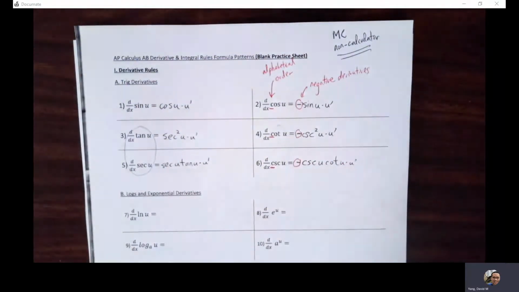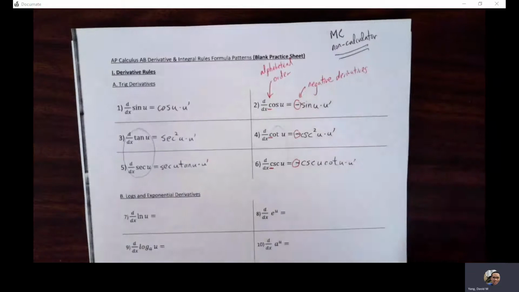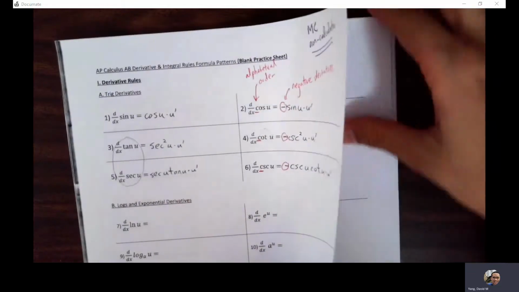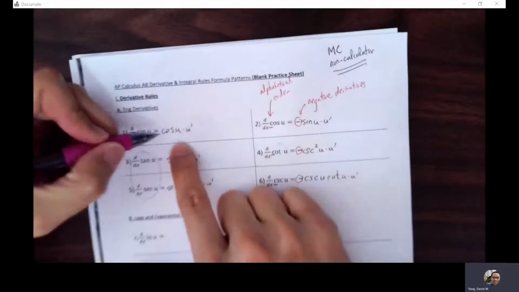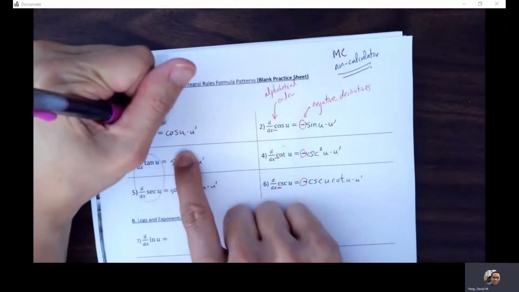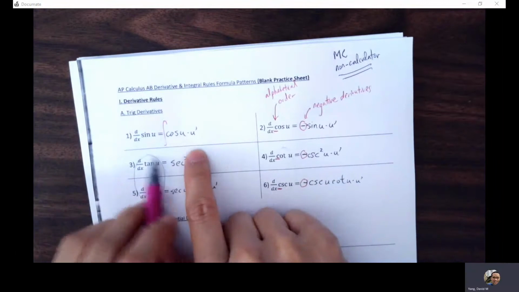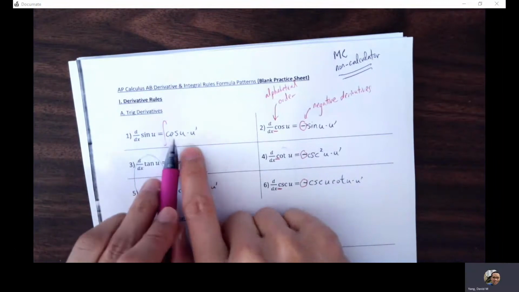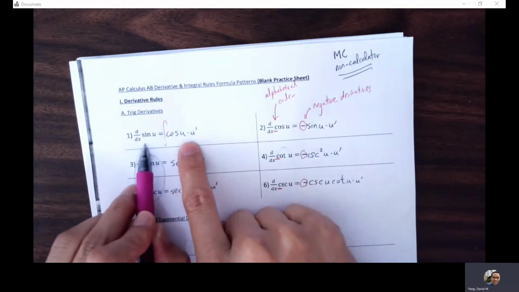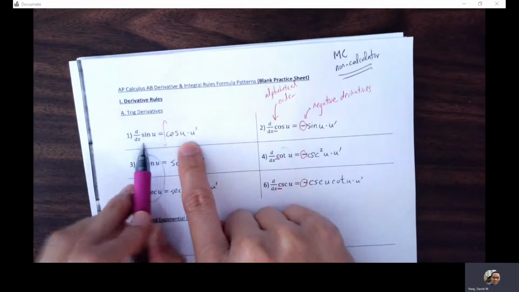So let me show you what we can do here. If I just put integral notation on the right side, then that leads me to my integral rule. The integral of cosine is just going to be sine of u plus c.